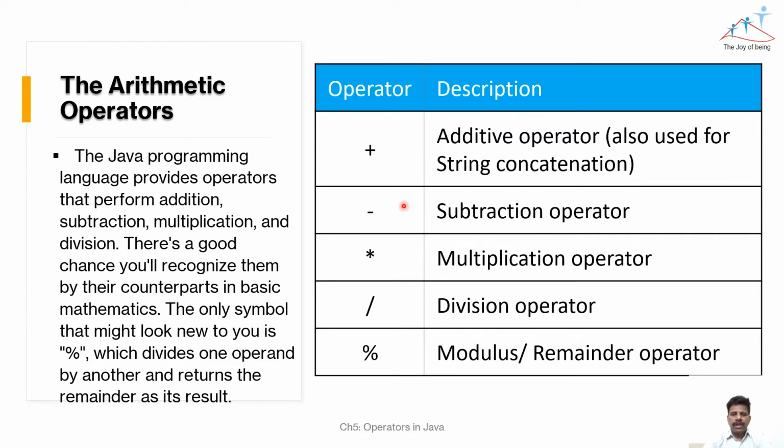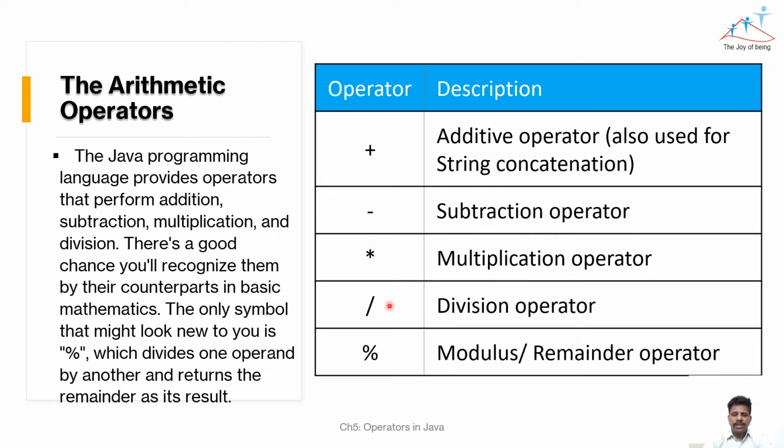Next one is minus, which is a subtraction operator, which subtracts an operand from another operand and gives us the difference as the result. The next one is the asterisk symbol, which is used for multiplication and gives the product as a result.